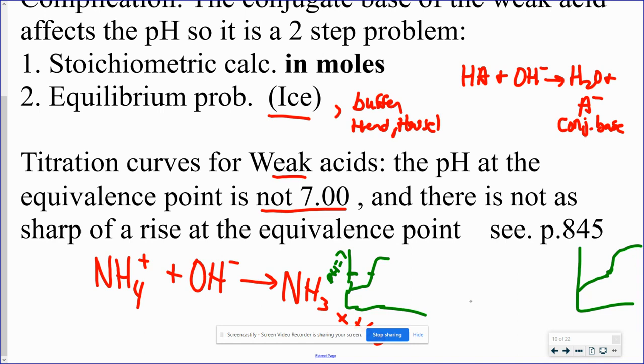The beginning part is longer because it's buffered. We're creating a buffer. And then there's a shorter rise. And then the equivalence point is going to be more like pH 8 or even 9, depending. It's not going to go down like that. It's going to go like that. So we'll get back to that later.